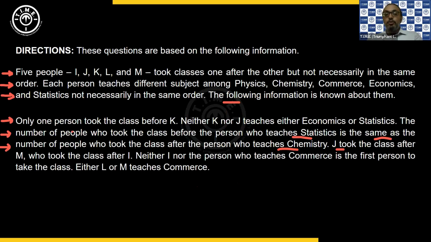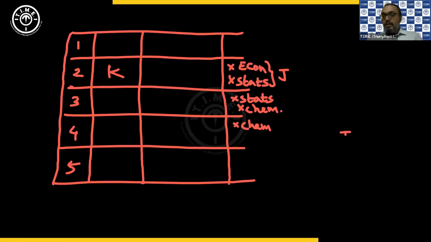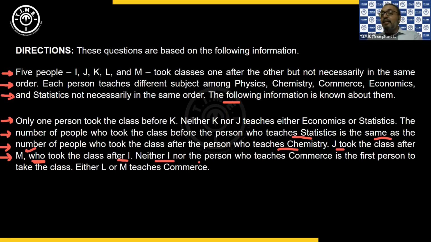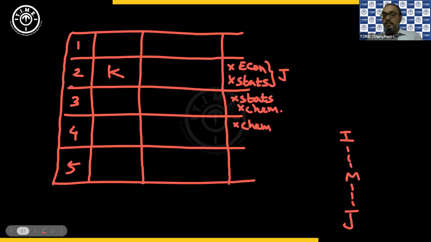Okay, then J took the class after M. Who means M took the class after I. Okay, so first I, then M, then J. And then he says neither I nor the person who teaches commerce is the first person to take the class. So neither I nor commerce is the first person to take the class.